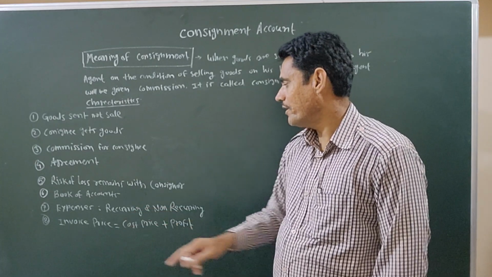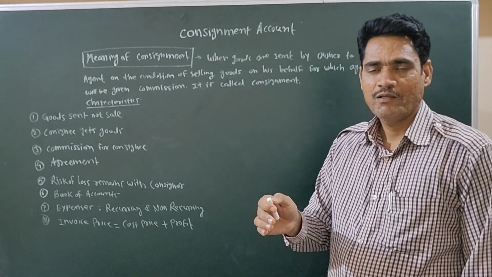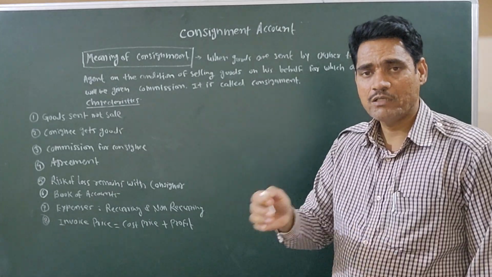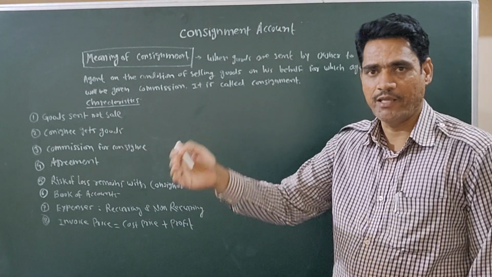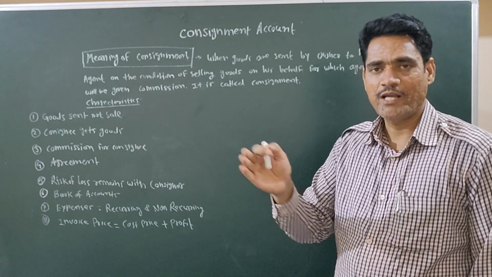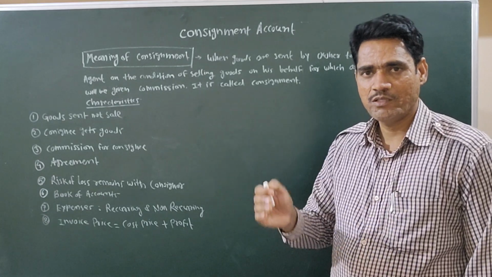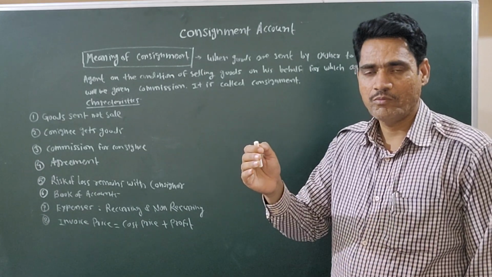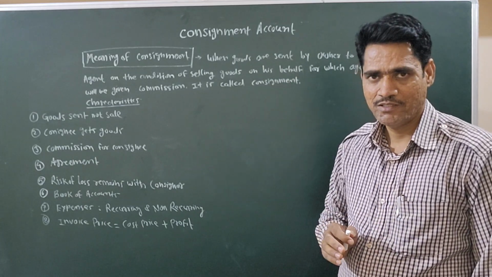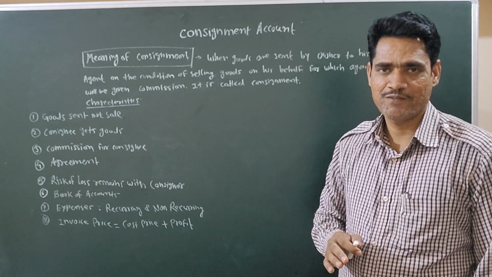What about recurring expenses? Recurring expenses are expenses that occur again and again. Goods are there, and some expenses we have to make again and again on the same goods. That is called recurring expenses.